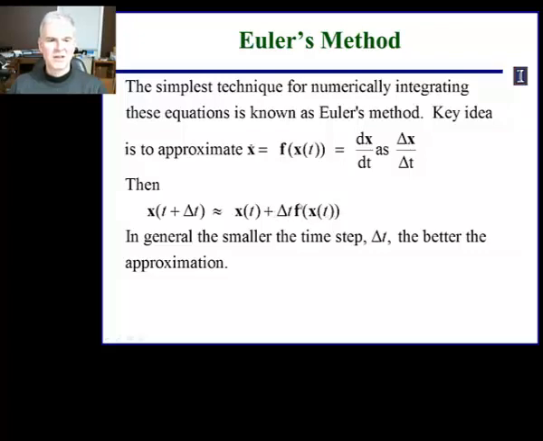So delta t times f of x sub t. In general, with most numerical methods, you get a more accurate result if you use a smaller value of delta t. So delta t is known as the time step. Of course, the trade-off here is as you get a smaller delta t, that means you have to solve the set of equations more often, which adds to the computational complexity of the method.